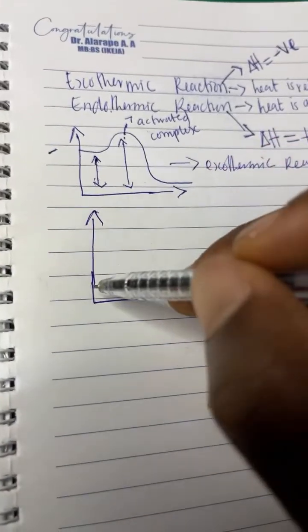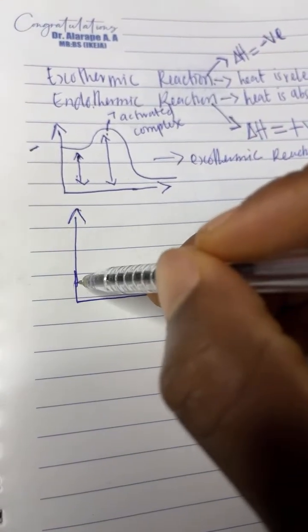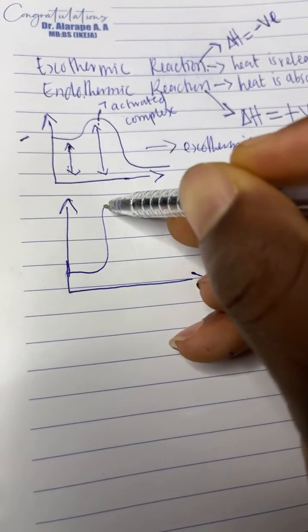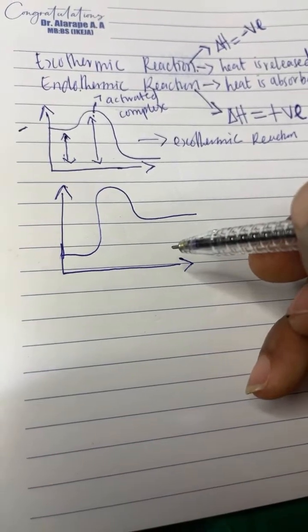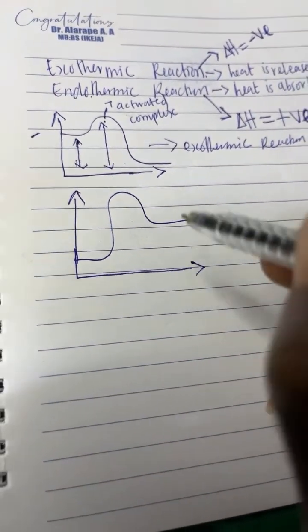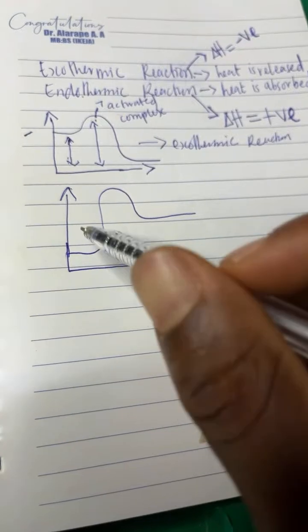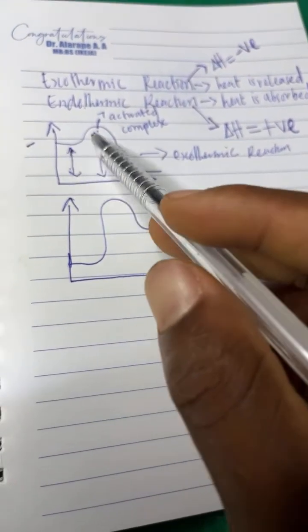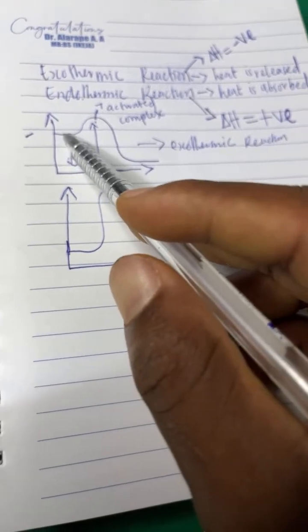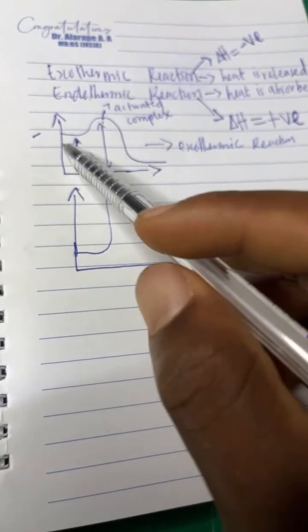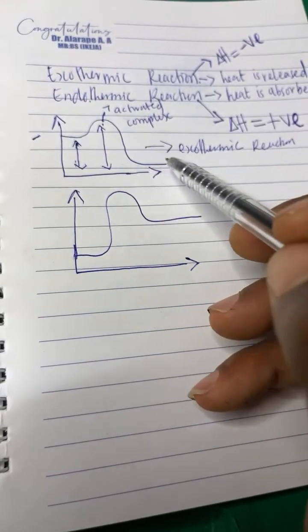So now, for an endothermic reaction, you have something like this. You can see, for an exothermic reaction, where it's starting, a lot of reactants, and the product plenty.